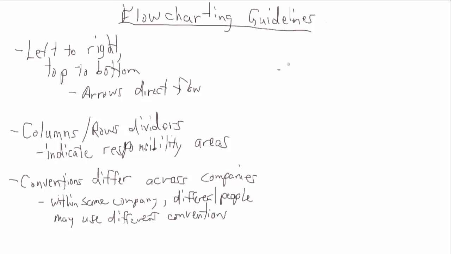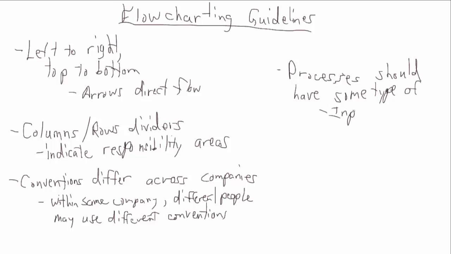Each process should have some kind of input and some type of output. And again, best practice for flowcharts, keep them fairly high level.